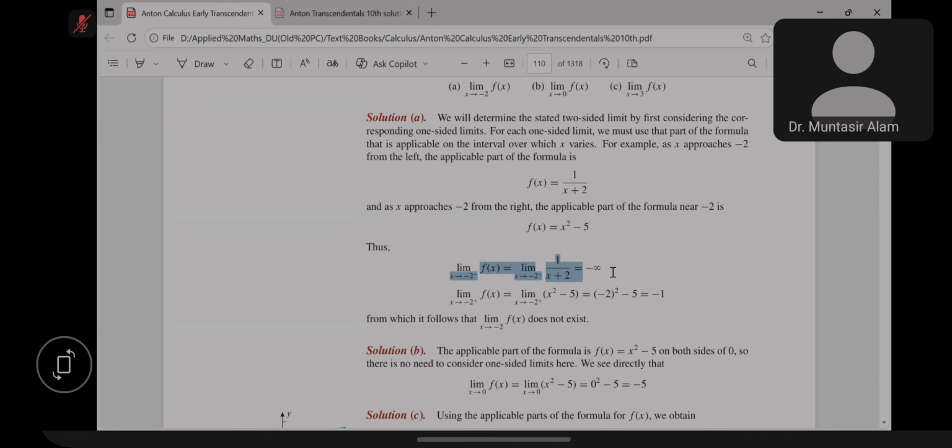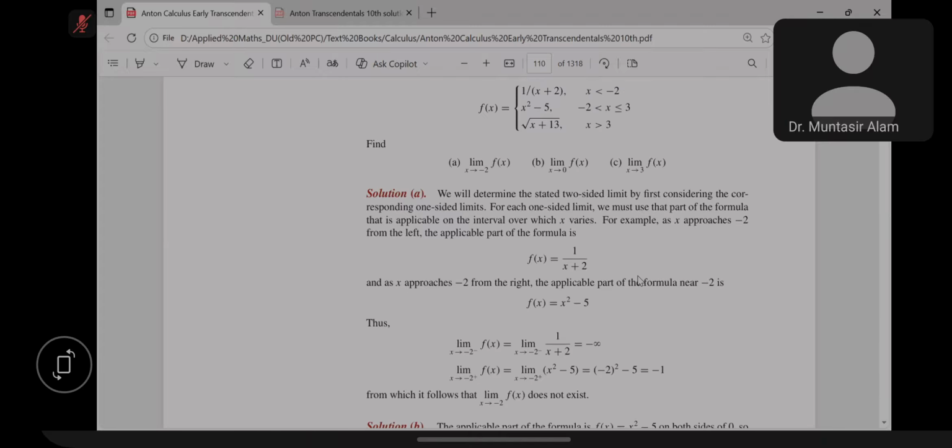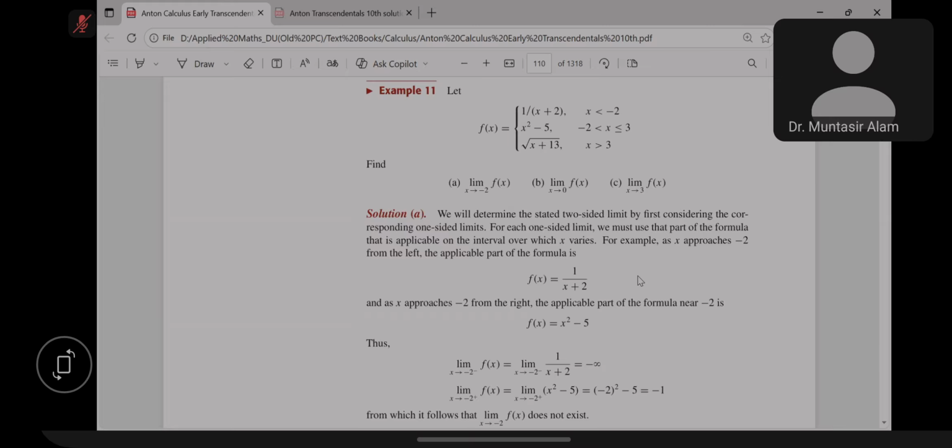So here we calculate the left hand limit as x approaches -2. This is called the left hand limit, right? That means we approach -2 from the left hand direction. Whenever we move to -2 from the left hand direction, which function value should we use? There are three function values for three different subdomains.